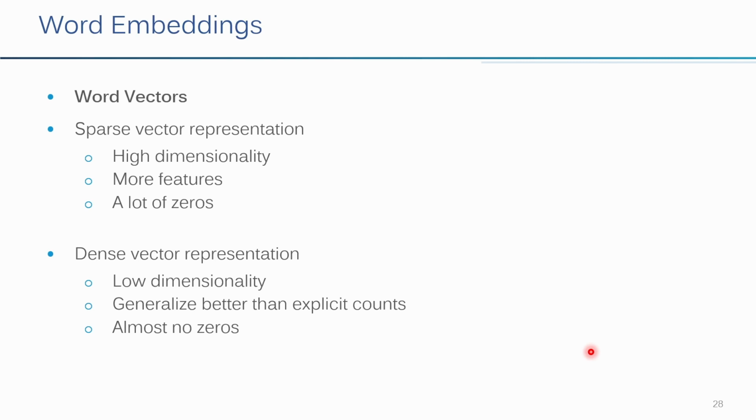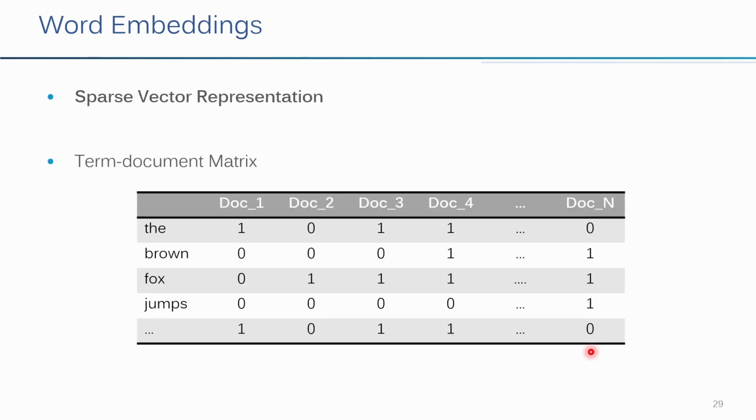Now we have something like 2,000 or 4,000, it really depends. Also, they generalize better than explicit counts. It follows the same category as when we were smoothing things before, which is quite interesting. And they almost have no zeros, which is nice.